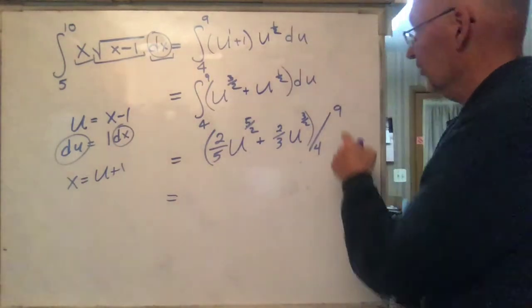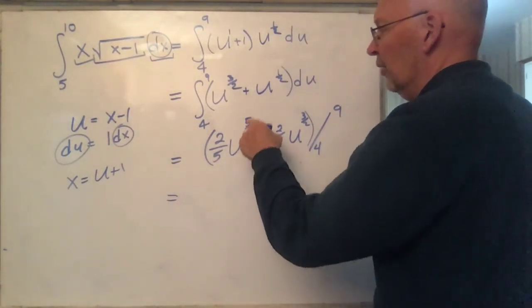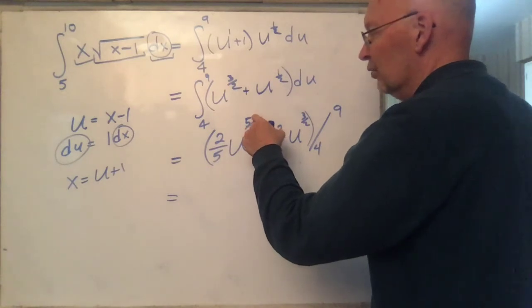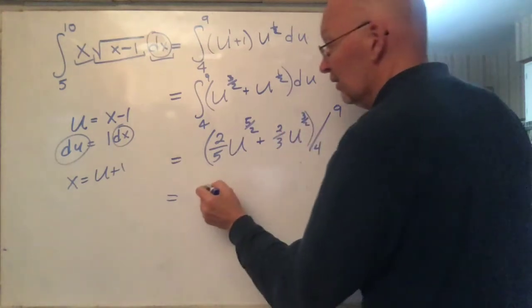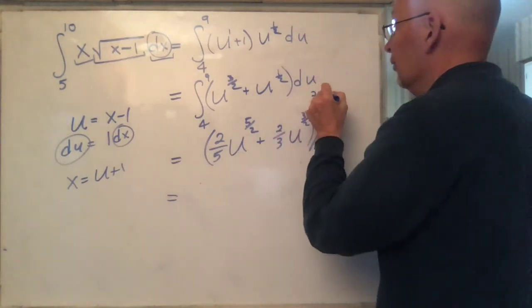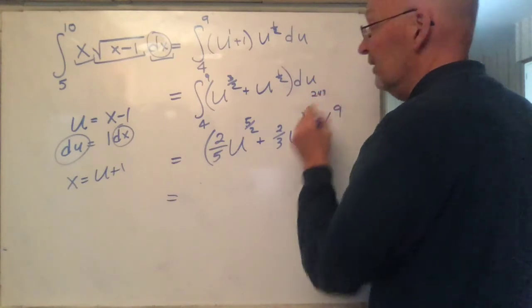So what happens? When you stick a 9 here, the square root of 9 is 3. 3 to the 5th is 243. 243 times 2 is 486.